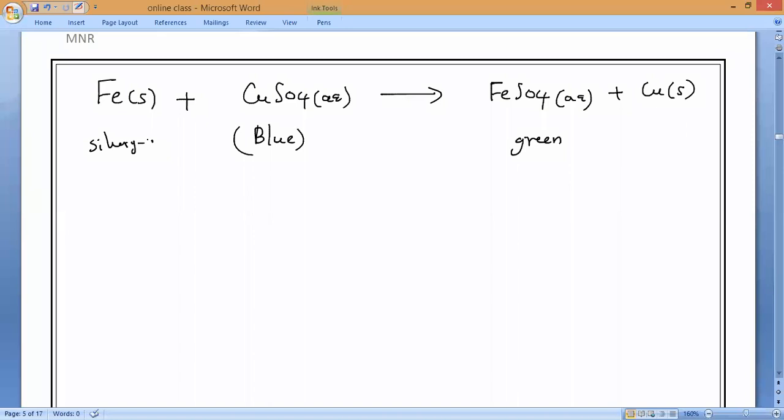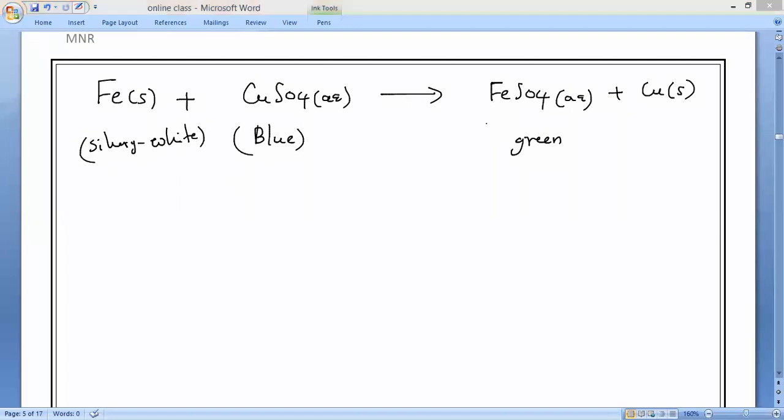But if you are taking it on the reactant side, it will be silvery white. Now, iron sulfate is green color. Don't get confused, always remember iron sulfate is green color. Is it okay? That is what you have to remember.